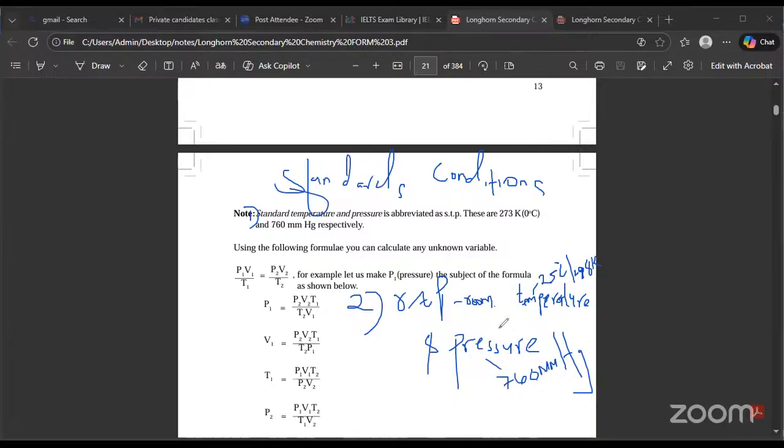So those are very important. So when they tell you to solve it at STP, you are using 273 Kelvin and 760. If they say solve for the volume at RTP, you are using 298 Kelvin and 760 millimeter mercury. Is it okay up to there? So that we go to, yes.